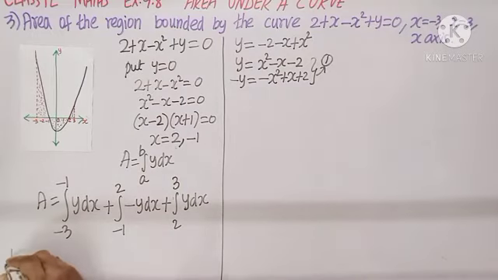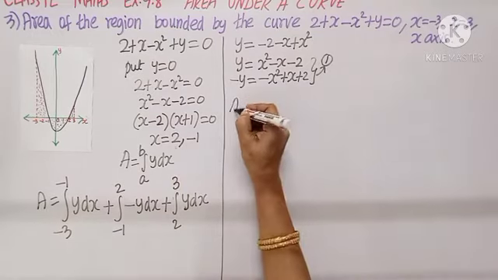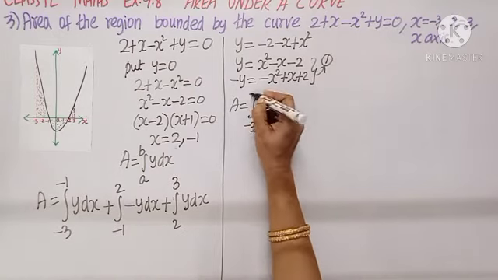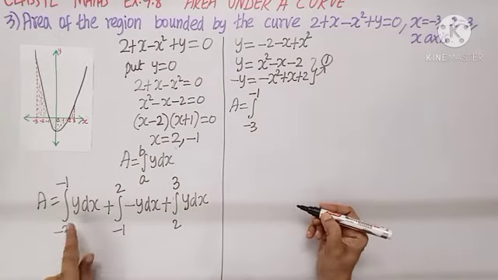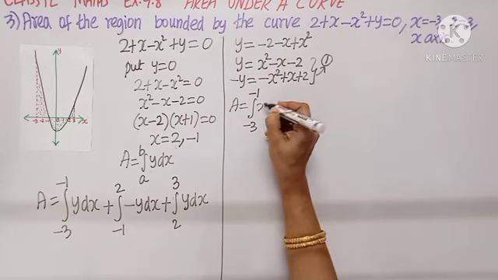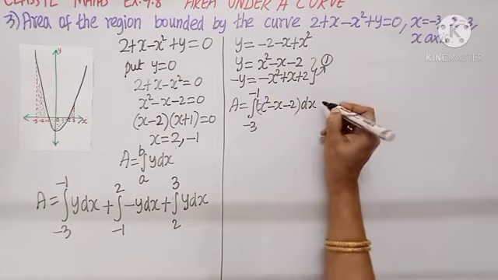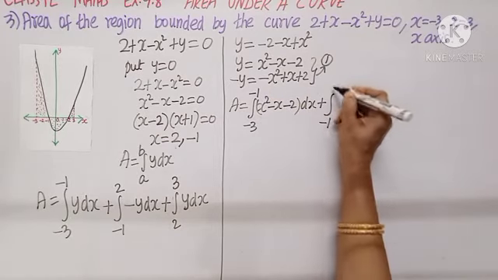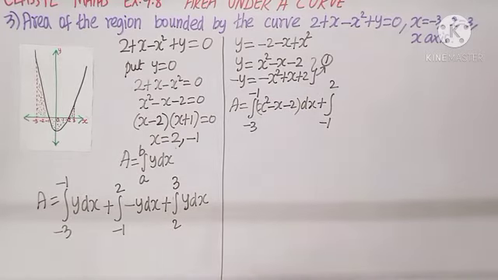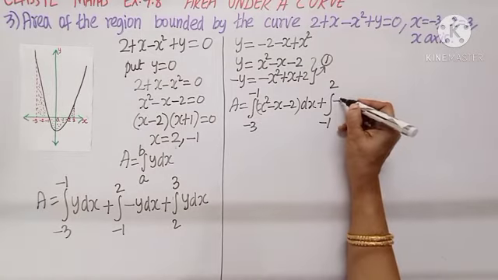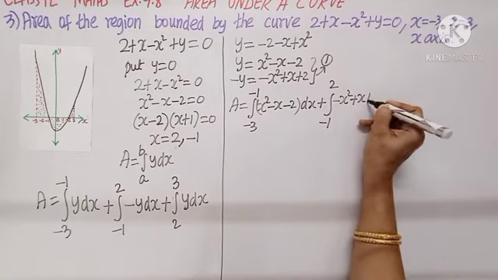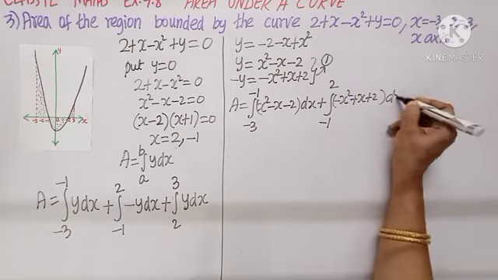As I substitute, A equals the integral from minus 3 to minus 1 of y dx. What is y? x squared minus x minus 2 dx. Plus the integral from minus 1 to 2 of minus y dx. What is minus y? Minus x square plus x plus 2 dx.